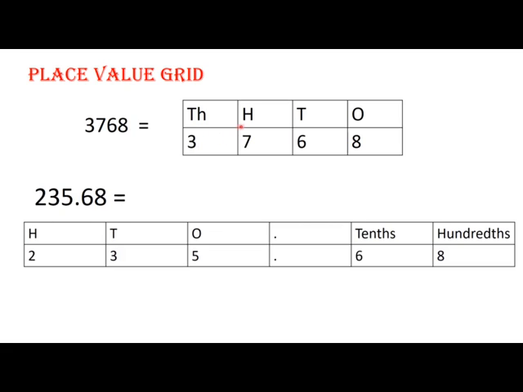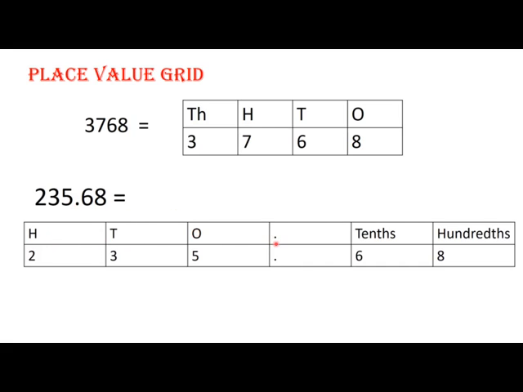So 3 here. 7 is in hundreds place. So 7. 6 is in tens place, so 6, and 8 is in ones place, so I have written 8 here. Similarly, for the decimal number 235.68. So 100, 10, 1. So I have written 100, 10, 1.